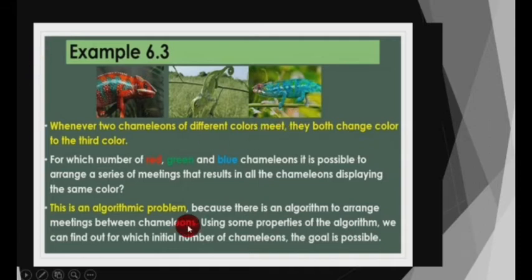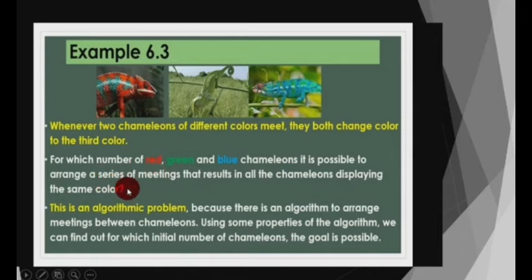Now you can see the statement here. Whenever two chameleons of different colors meet, they both change color to the third color. So when two different color chameleons meet together, both change into the third color. For which numbers of red, green and blue chameleons is it possible to arrange a series of meetings that result in all the chameleons displaying the same color?